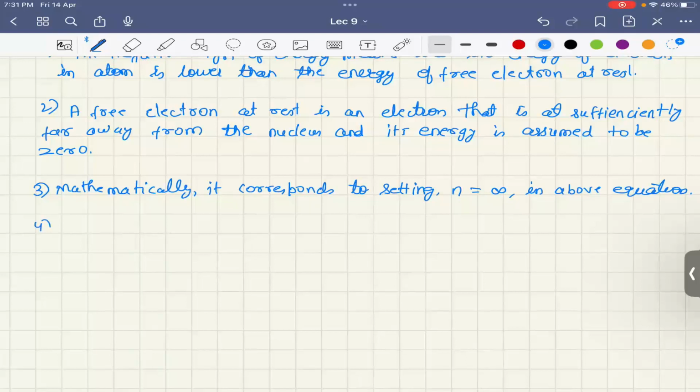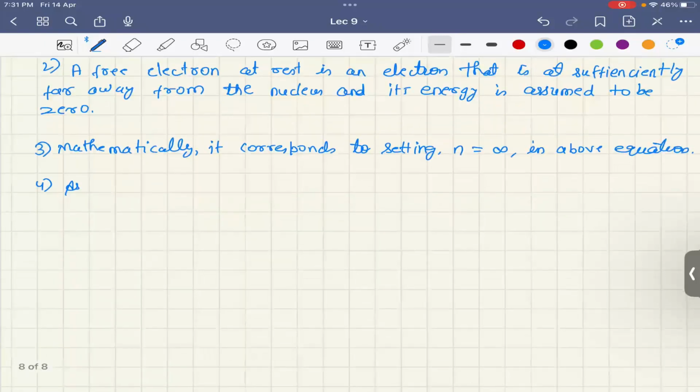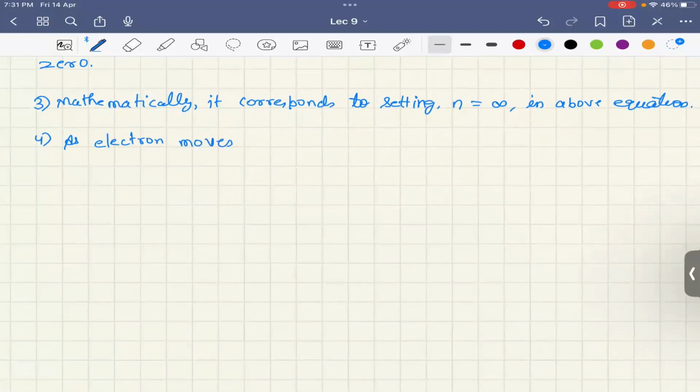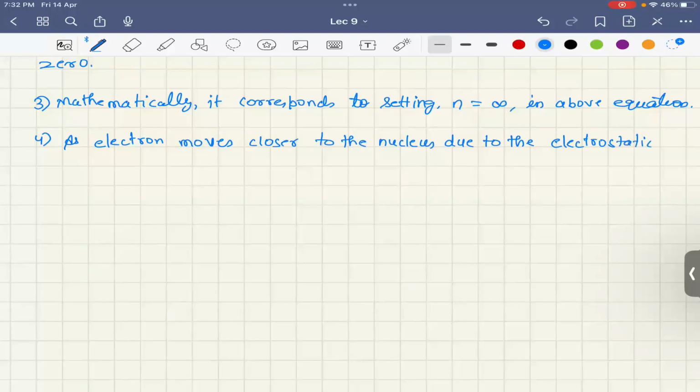So as the electron moves closer to the nucleus due to the electrostatic attraction, right?